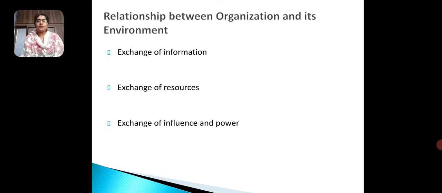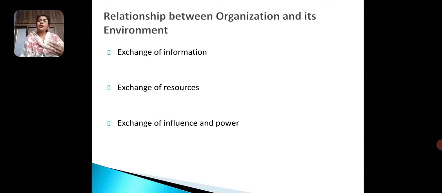You need to know the extent of demand and what supply is available in the market from your competitors, what is the availability of raw materials, availability of laborers, what are the laws, rules and regulations given by the government, what are the taxation policies, and what is the society and cultural aspect surrounding the company. Likewise, what are the legal aspects of your business. So likewise, the company wants information from its surrounding, that is from its environment.